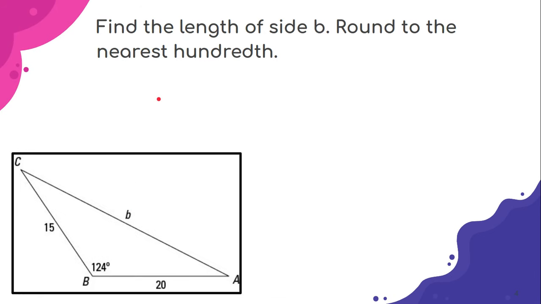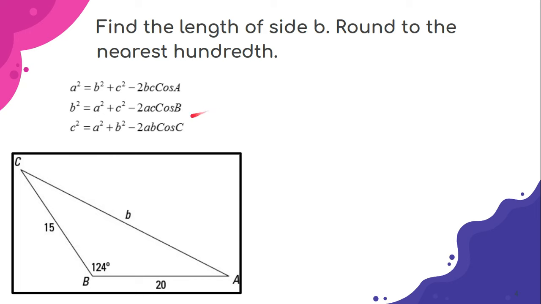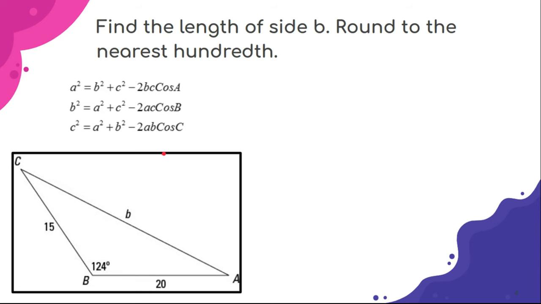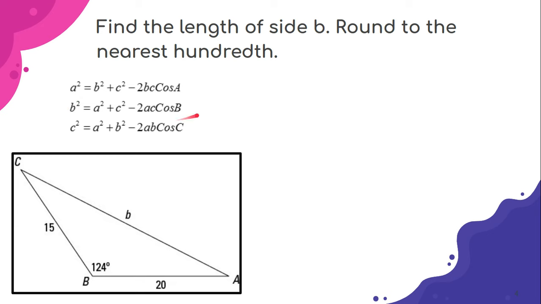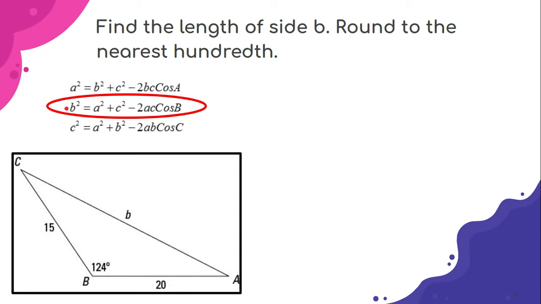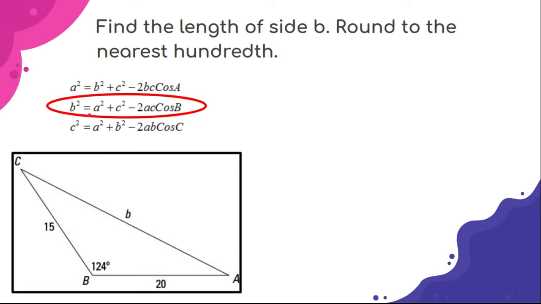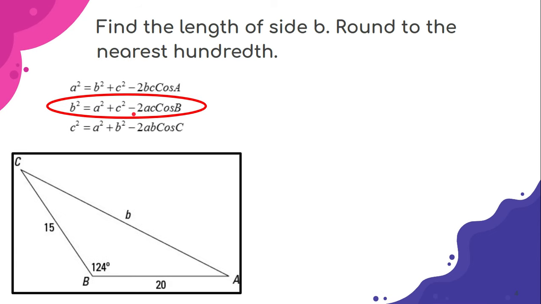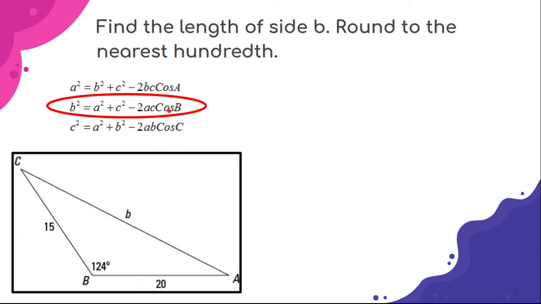Bringing back the law of cosine formulas into the situation, we now need to pick the right formula for this triangle to find side B. By looking at the formulas, we would need to use this one right here, with the B, because we need our answer to equal the side length of B. So B squared in this case. And it says right here, B squared is equal to A squared plus C squared subtracted by 2 times A times C and times the cosine of angle B.